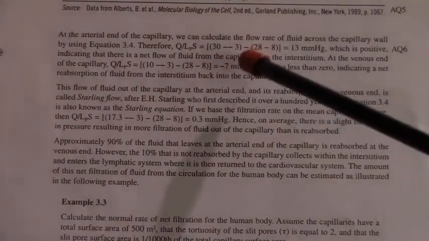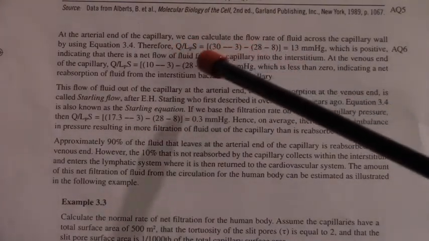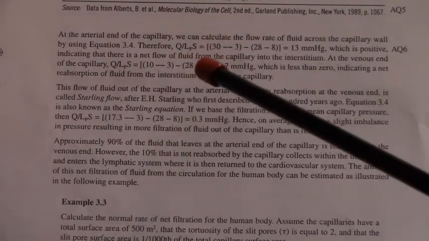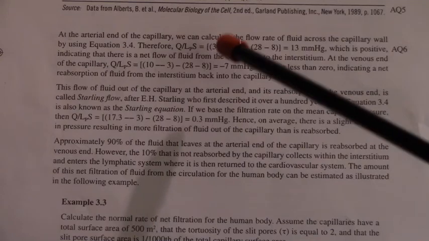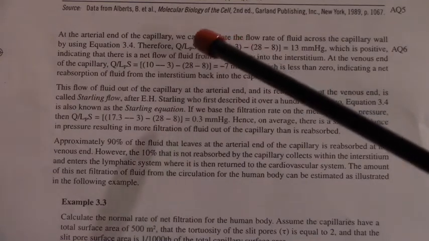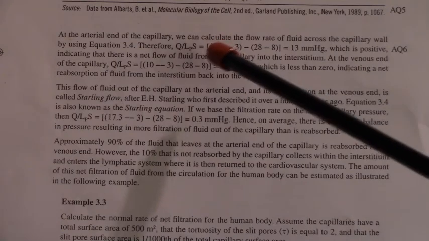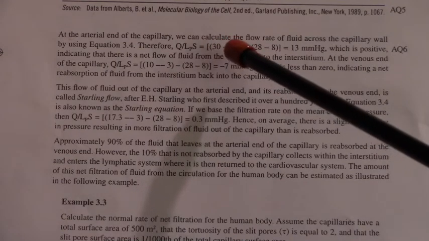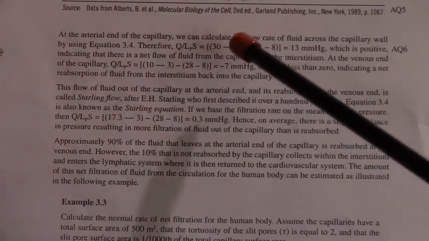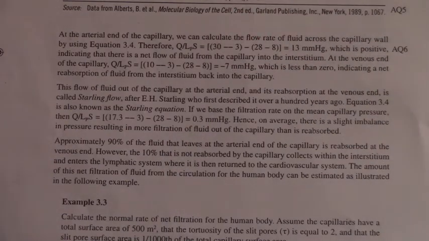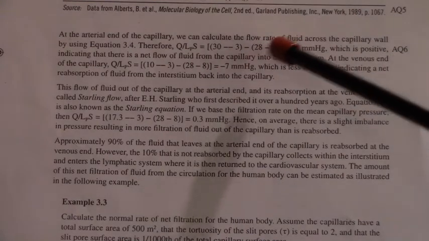So when you do that calculation like I show in this paragraph, here's the incoming pressure. This is at the arterial end. So this is the hydrodynamic pressure of the blood. This is the minus 3 millimeters of mercury in the interstitial fluid. That's its hydrodynamic pressure. And then we have the osmotic effect.